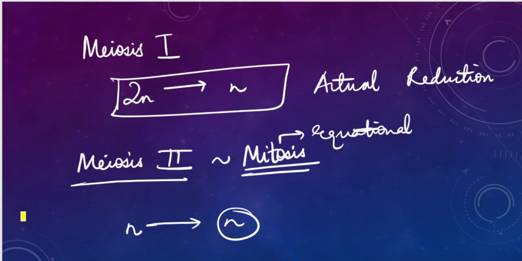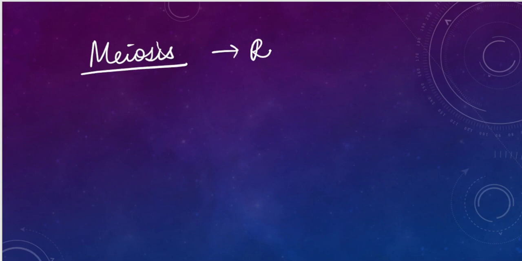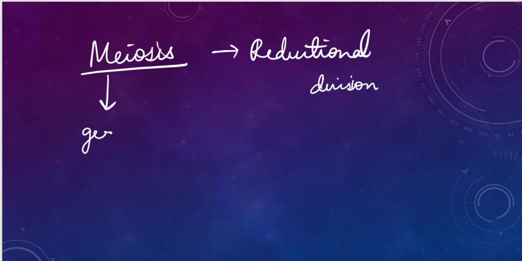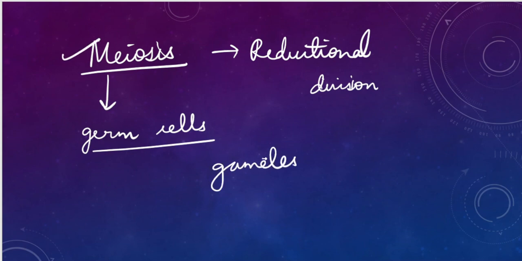See, meiosis is nothing but reductional division. I told you how it is a reductional division. Okay, and this occurs in germ cells. We can say reproductive cells, meaning this actually helps in the formation of gametes. So your gametes, like egg, sperm.